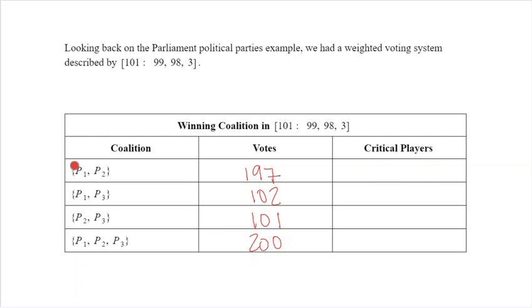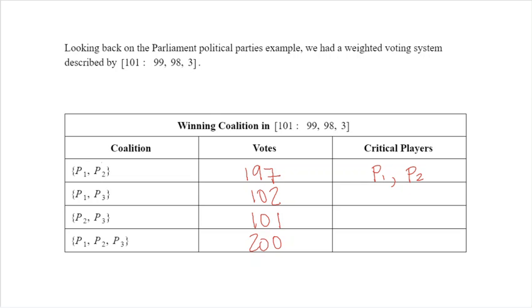So, if player 1 changed their mind, can player 2 win on their own? No, which means that player 1 is a critical player. If player 2 changed their mind, can player 1 win on their own? No. So player 2 is also a critical player.